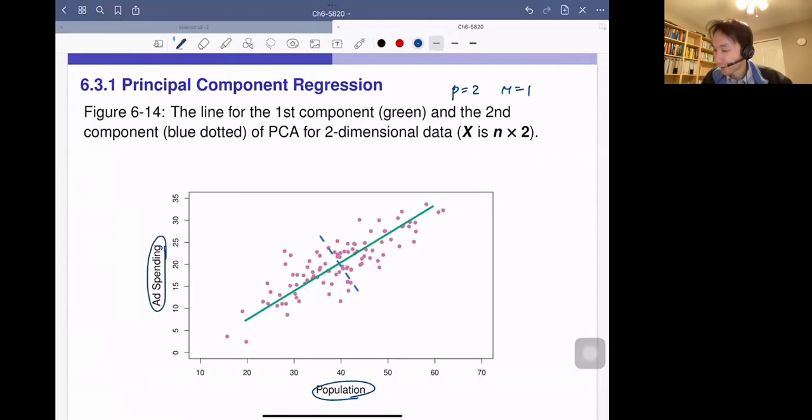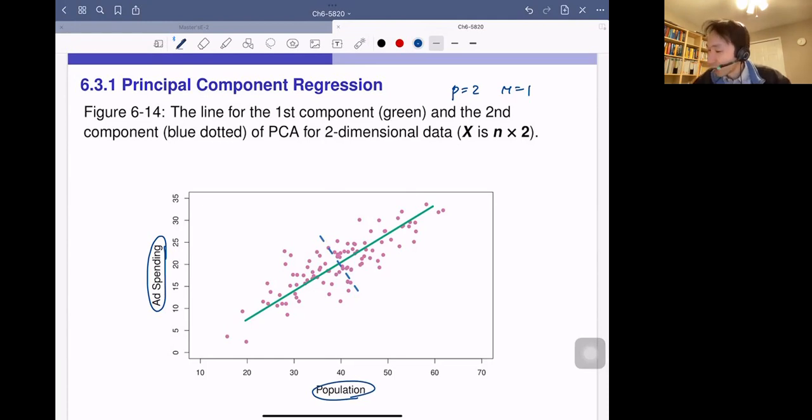This is from some data set. If we are allowed to use only one predictor in the model, one good way is to use the signed distance, maybe the signed coordinate, the coordinate on the green line.